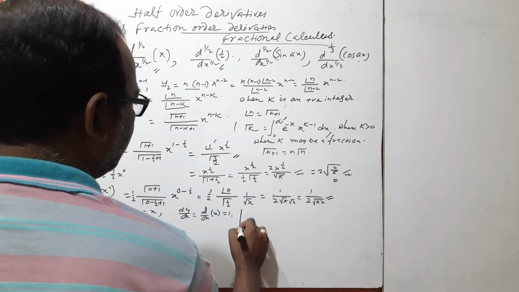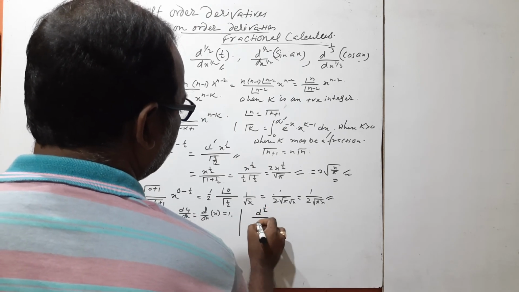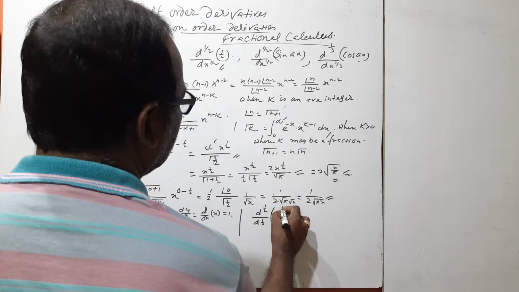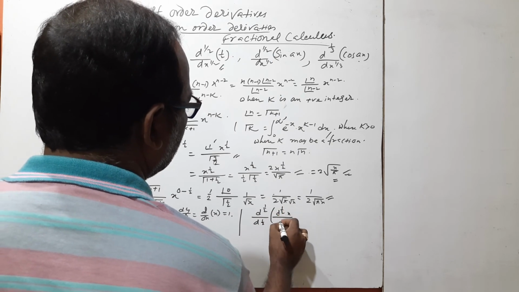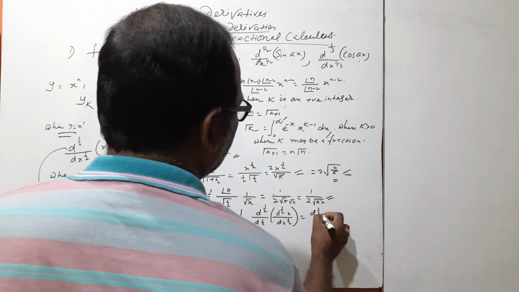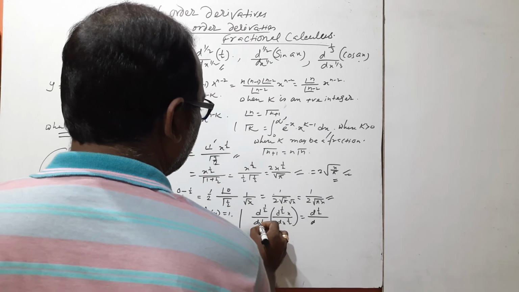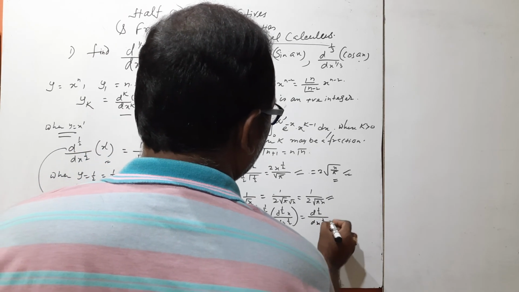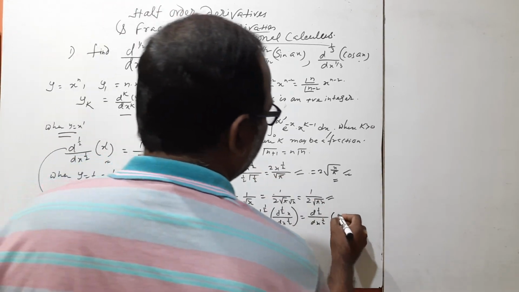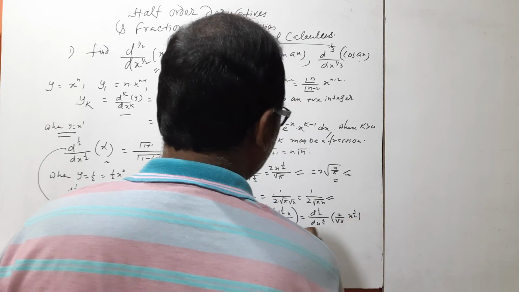So now from this theorem again, the half order derivative of this is actually 2 by root pi, 2 by root pi and x to the power half.